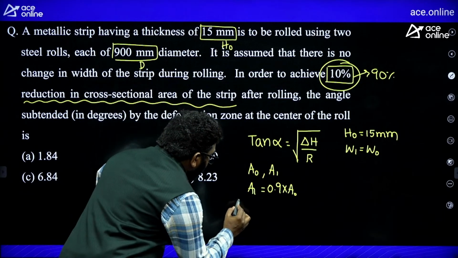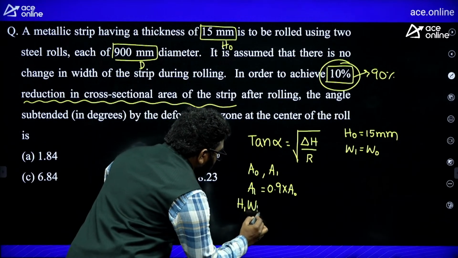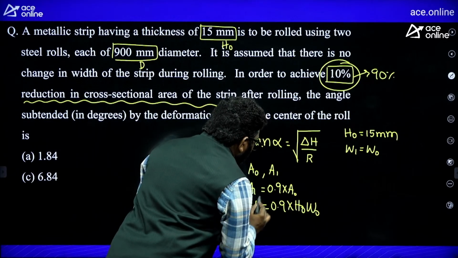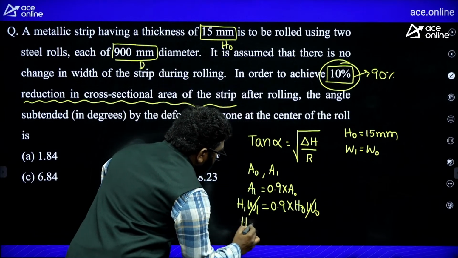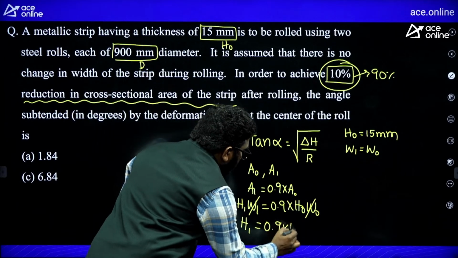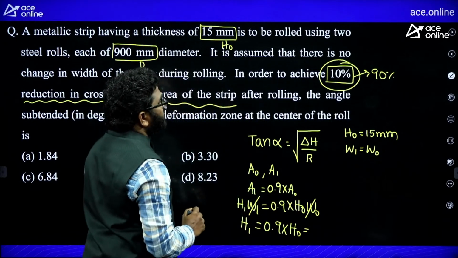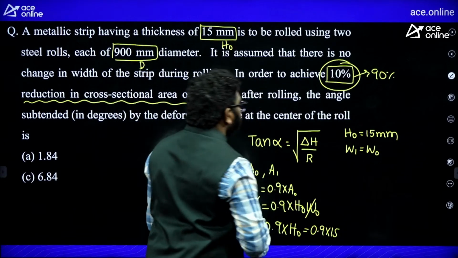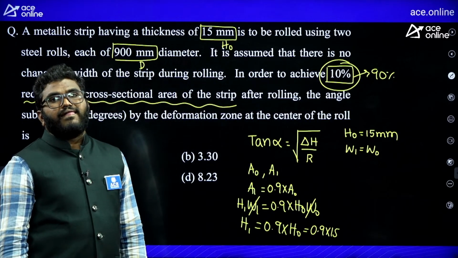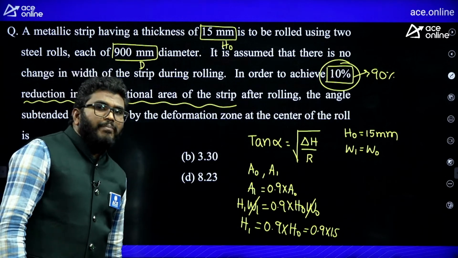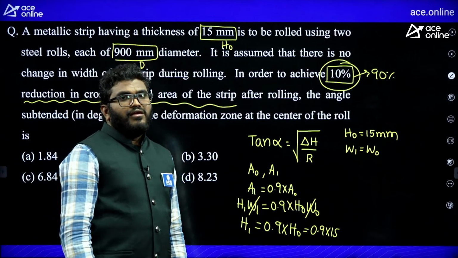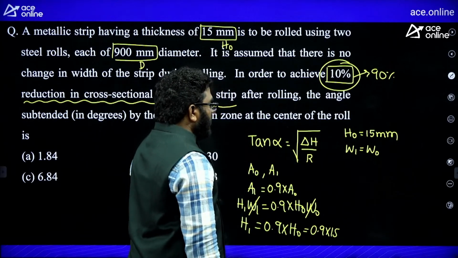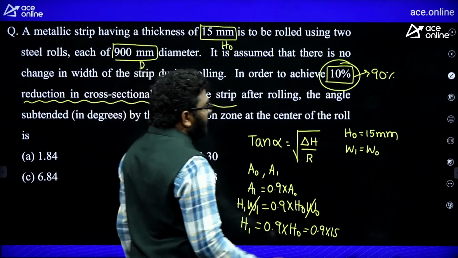And A1 we can write as H1 W1 is equal to 0.9 into H0 W0. W1 cancels out. So H1 is equal to 0.9 times H0, that is 0.9 into 15, which is 13.5. Right. Now H1 we got.